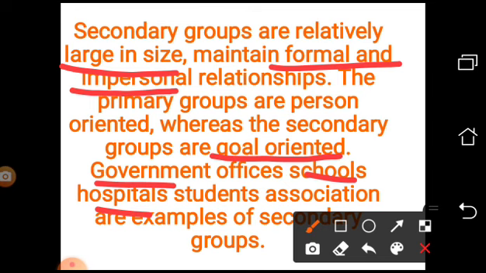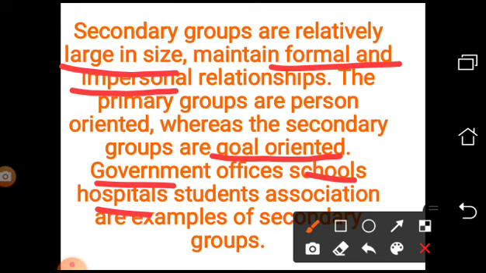Primary groups, what I said, are very small in size. A primary group is based on personal relationships. It is not impersonal. But in the secondary group, the relationships are impersonal, and these relationships are very much formal. Formal means if you go to any office, you can see the formal relationships will be there.